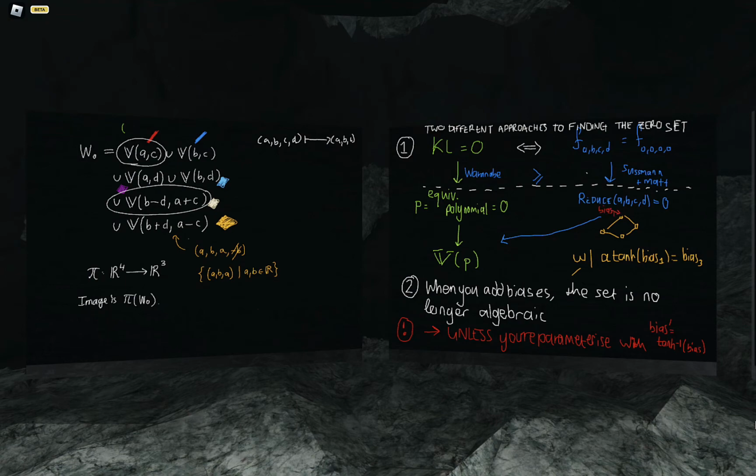Bias 2 would be on the other hidden node, and then bias 3 is here.